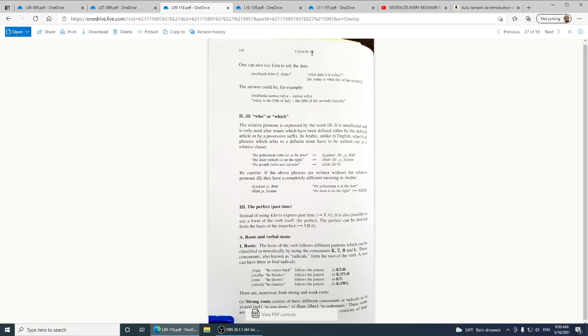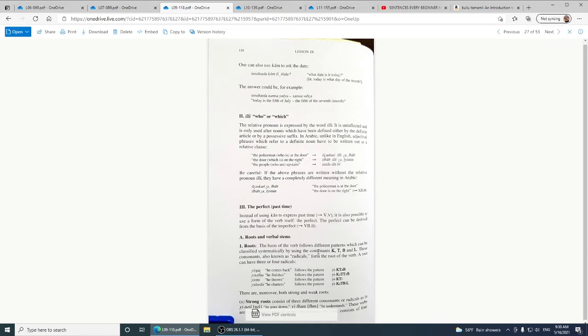If you go as far as lesson 9, and if you really understand all of the preceding lessons, that is, you learn everything meticulously, I wouldn't call lesson 9 a beginner lesson, but this is where the perfect, the past time, is explained in detail.